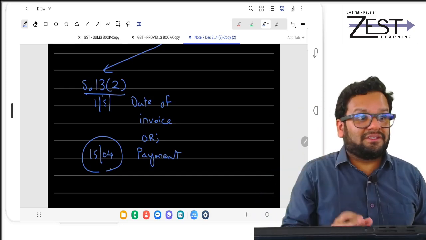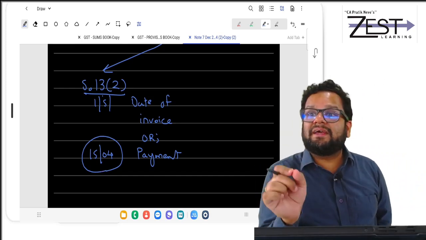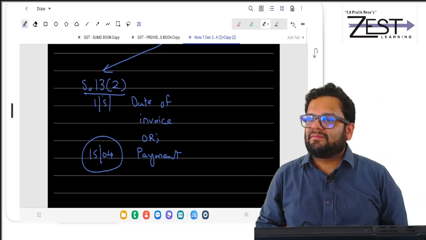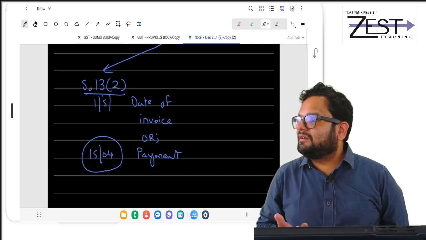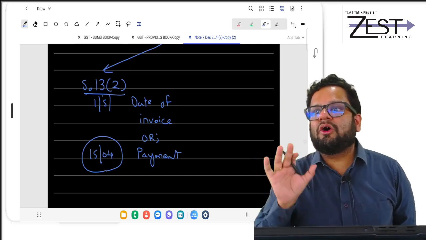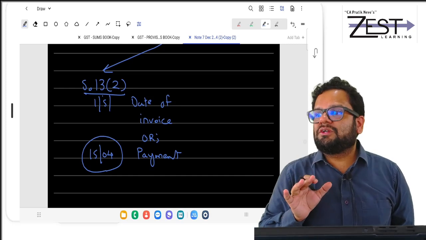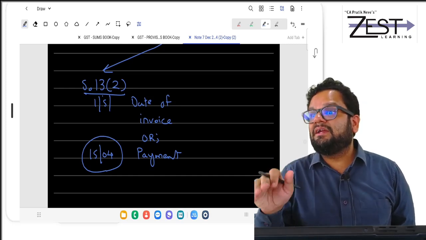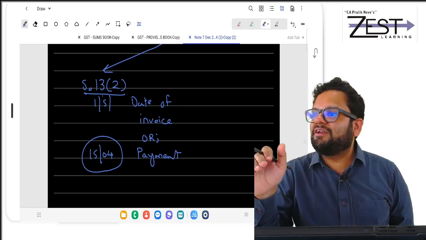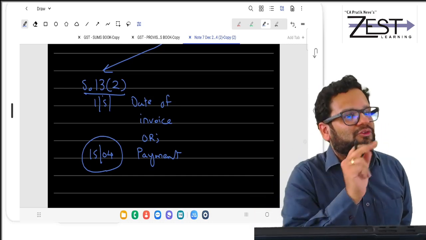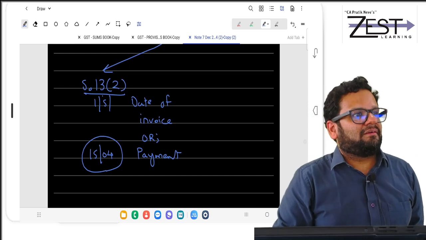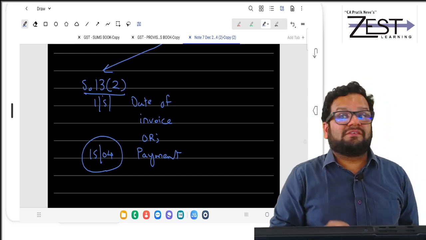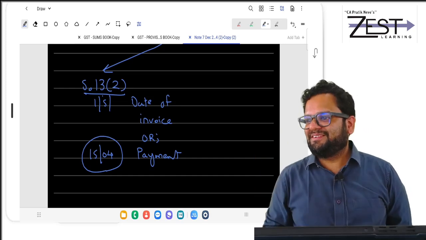This is a headache for companies like Airtel. Why is it a headache? Because you got a bill of 1996.5. You paid 2000. Advance is 3.5 rupees.